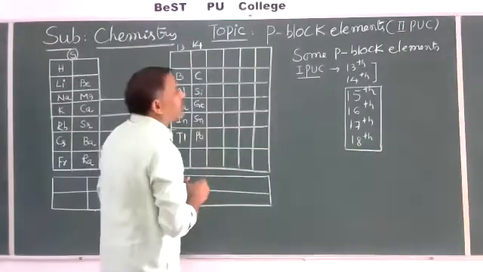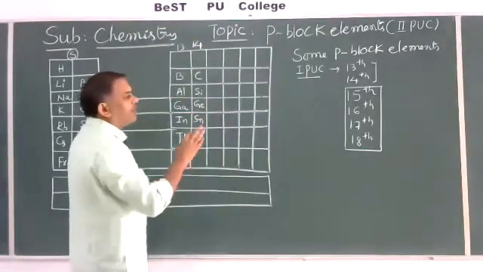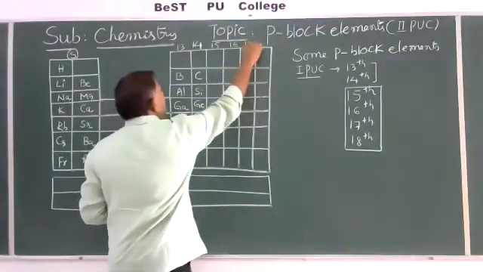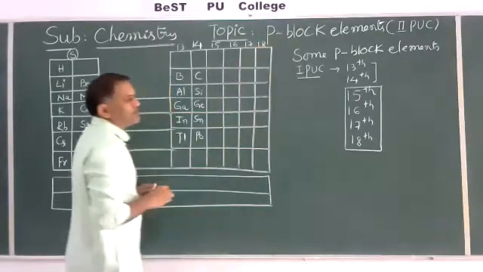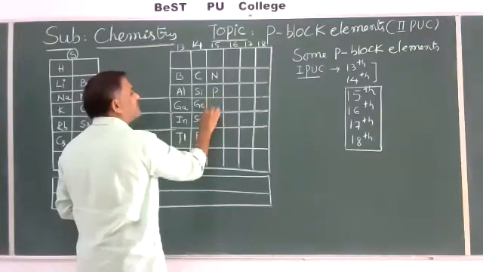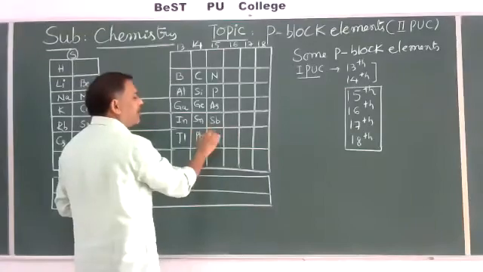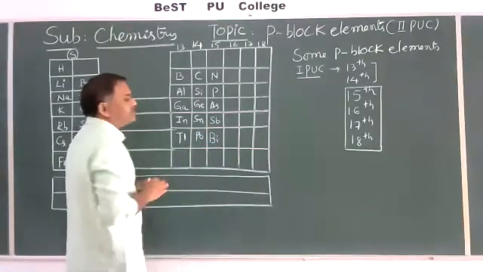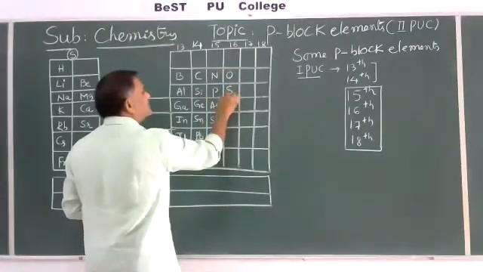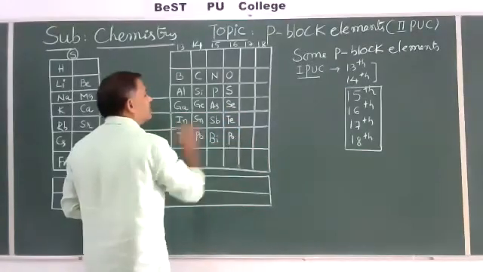Then in P block elements in second year, the remaining 4 groups are there: 15th, 16th, 17th and 18th groups. The 15th is the nitrogen family: nitrogen, phosphorus, arsenic, antimony, Sb, and bismuth, Bi. The 16th is the oxygen family: oxygen, sulfur, selenium, tellurium and polonium.